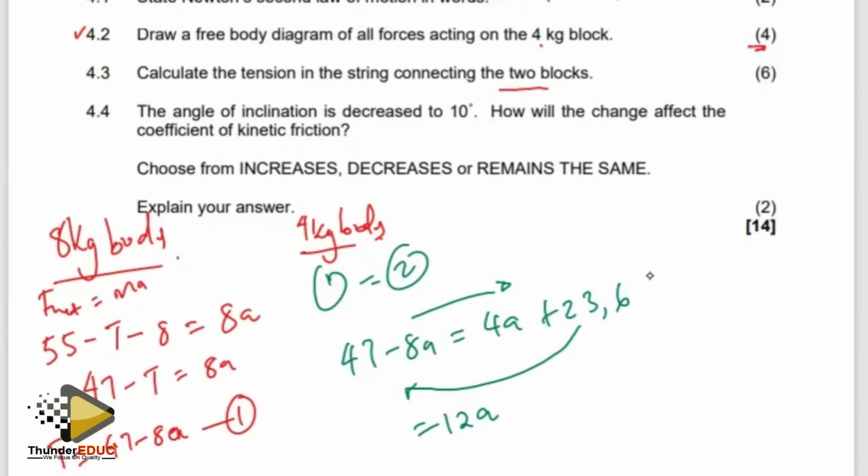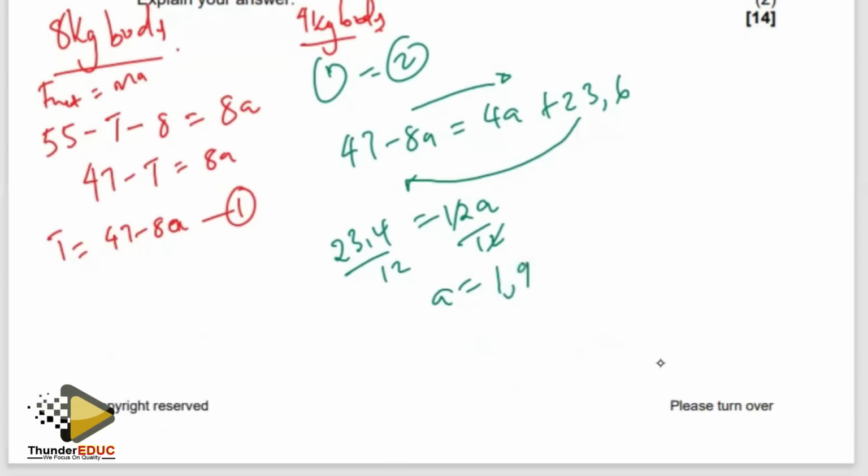I'll end up with 23,4. Divide both sides by 12. So 23.4 divided by 12, which means our acceleration is 1.95 meters per second squared.